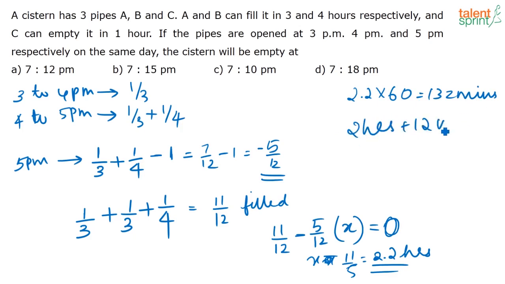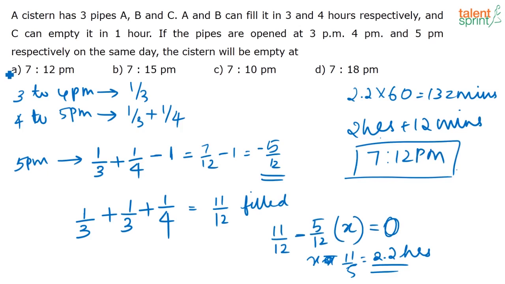So 2 hours plus 12 minutes. So when is the tank going to be empty? After 5 o'clock, 6, 7, then 7:12. 7:12 p.m. the tank is going to be empty. That is option A. Okay? Easy question, no? Now, let's move on to the next one.